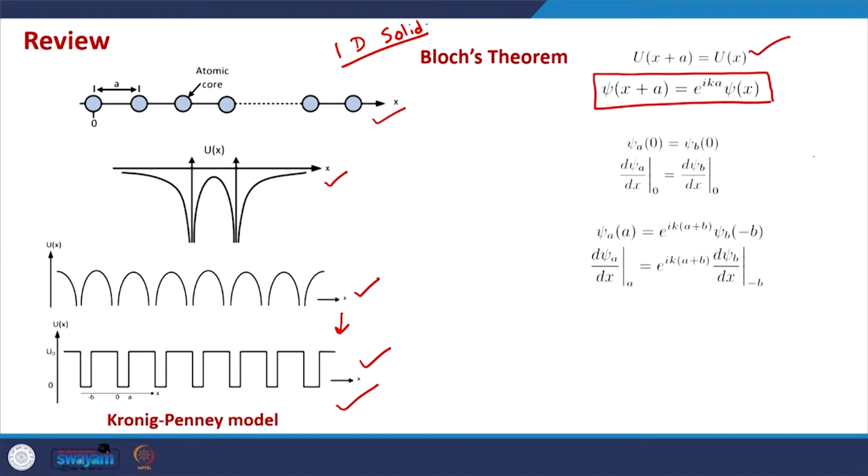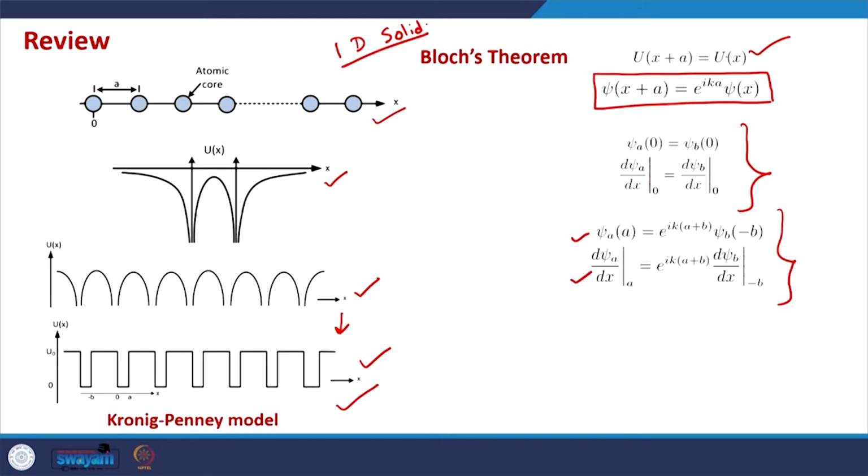There were 4 unknowns in the 2 equations, and we used 4 boundary conditions. 2 of these boundary conditions come from the continuity of the wave function and continuity of the derivative of the wave function, and the 2 other boundary conditions come from the statement of Bloch's theorem about the wave function, and the statement of Bloch's theorem about the derivative of the wave function.